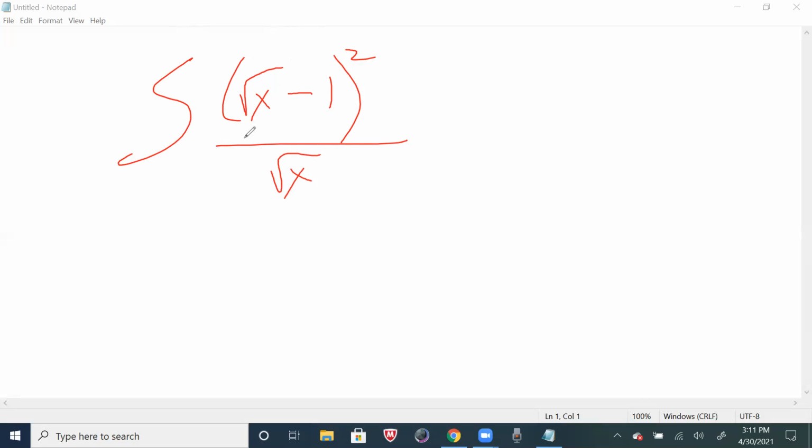So you might be able to use U substitution here. Now that I look at it, I think you probably could. But it's not necessary because I can square that and then work with 3 separate fractions, the integral of each one of them.